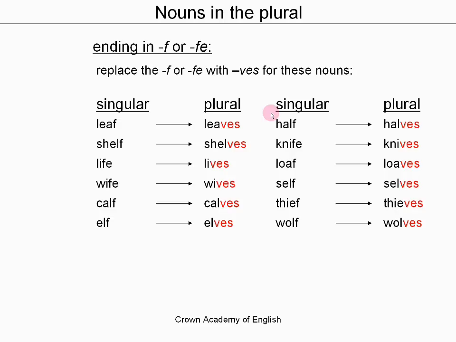All right, so in all of these examples that you can see here, they follow this rule. So we change the F to VES. Okay, or if it ends in FE, like here, knife, then the FE changes to VES, and we say knives.